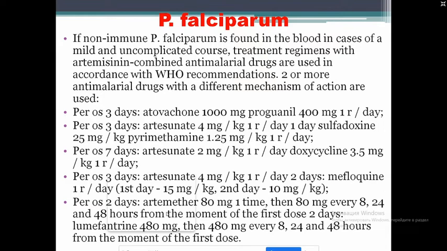Artemether 80 milligram one time a day, then 80 milligram at 8, 24, and 48 hours from the moment of the first dose during 2 days. Lumefantrine 480 milligram, then 280 milligram at 8, 24, and 48 hours from the first dose.